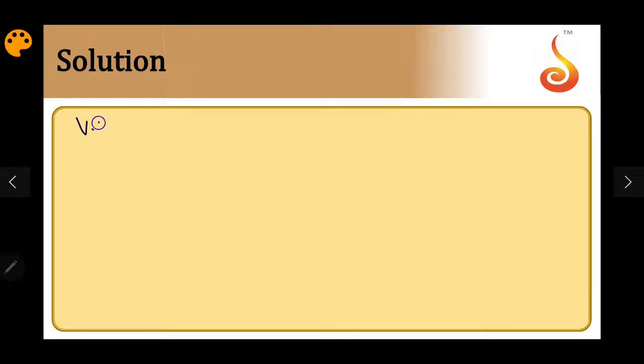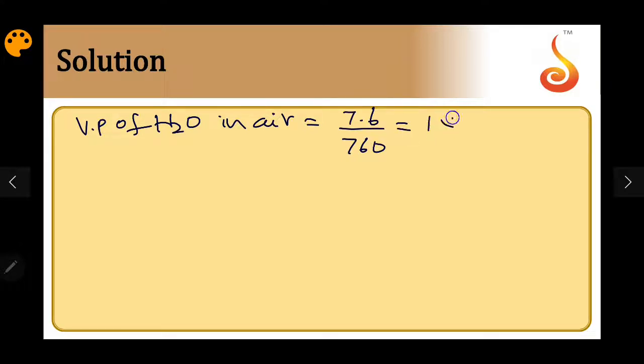So the vapor pressure of water in air is 7.6 by 760. So it's going to be 0.01, or I can write 1 into 10 power minus 2 atmosphere. So in the equilibrium it is 2 into 10 power minus 3, and here it is 1 into 10 power minus 2. Definitely vapor pressure of water in air is more. So SrCl2 will absorb the water from the air.